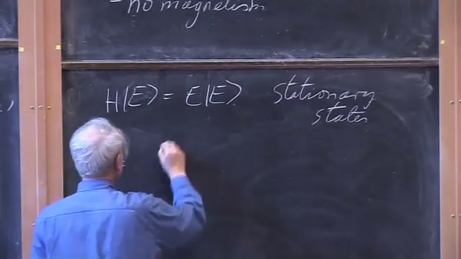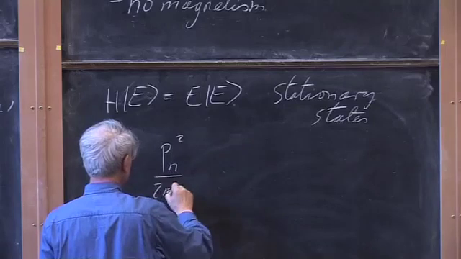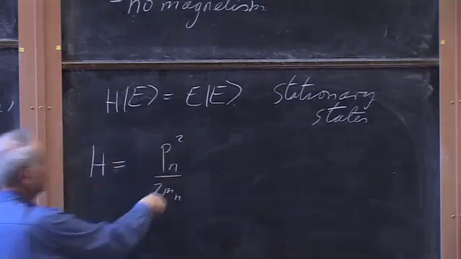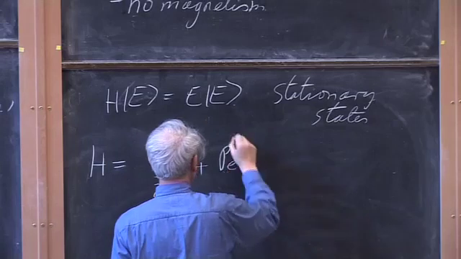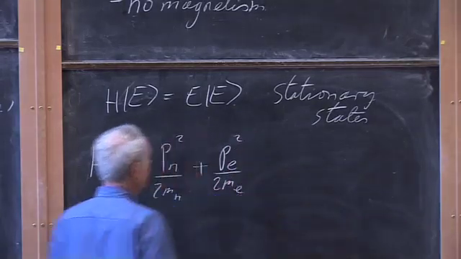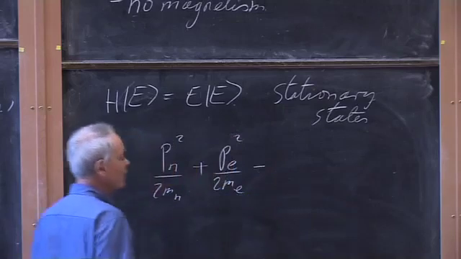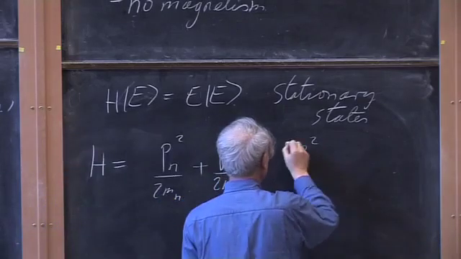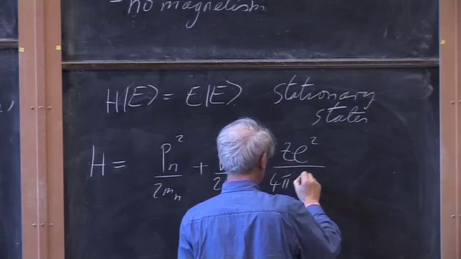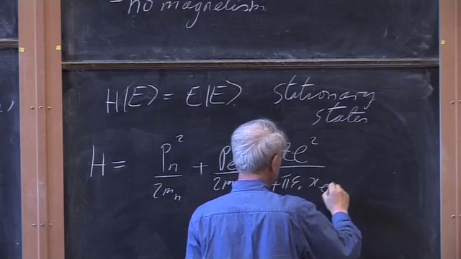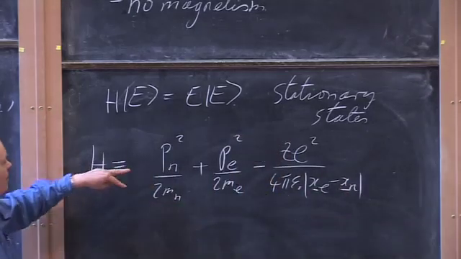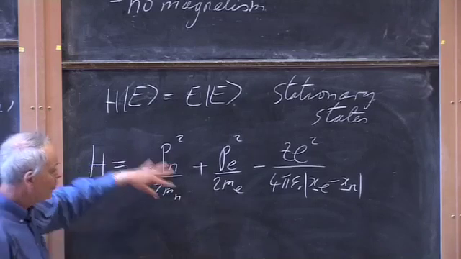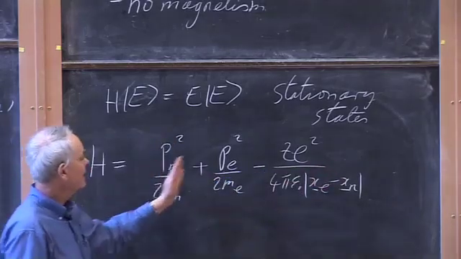Well, it's going to be the kinetic energy of the nucleus, p_nucleus squared over twice the mass of the nucleus, plus the electron's kinetic energy, plus the interaction energy between these two, which is going to be Ze squared over 4 pi epsilon naught times the modulus of x_e minus x_n. So this is the sum of three distinct contributions to the energy: kinetic and potential.